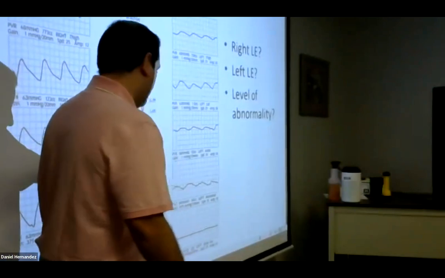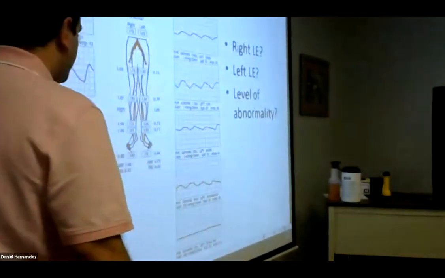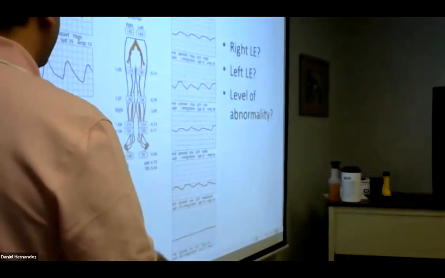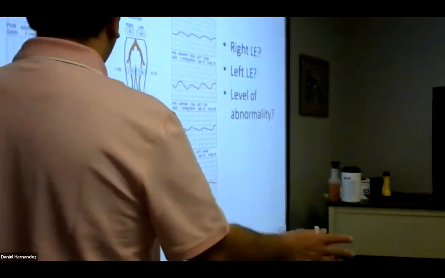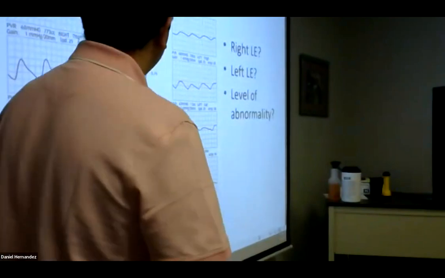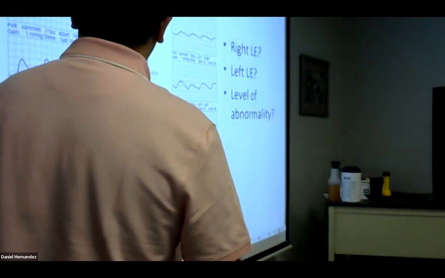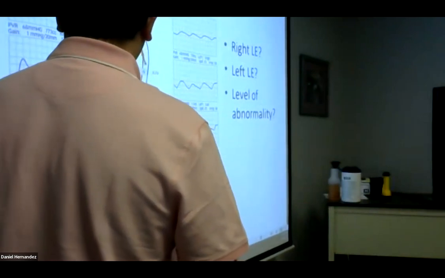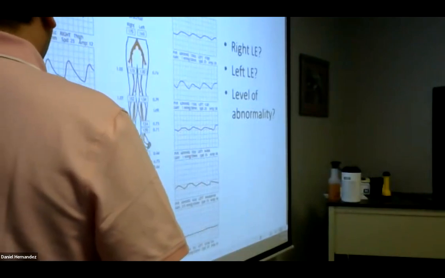Here we actually have a normal ABI on the right, and this is abnormal on the left. Once we look at the ABIs, you can tell which side is normal versus abnormal, and then you go look at your waveforms, and then look at your pressures. The right pressures are normal, so I would say the right is kind of alright if you're comparing it to the pressures.